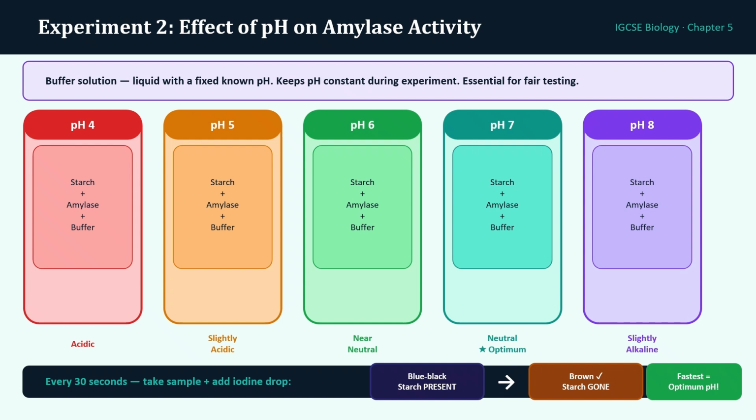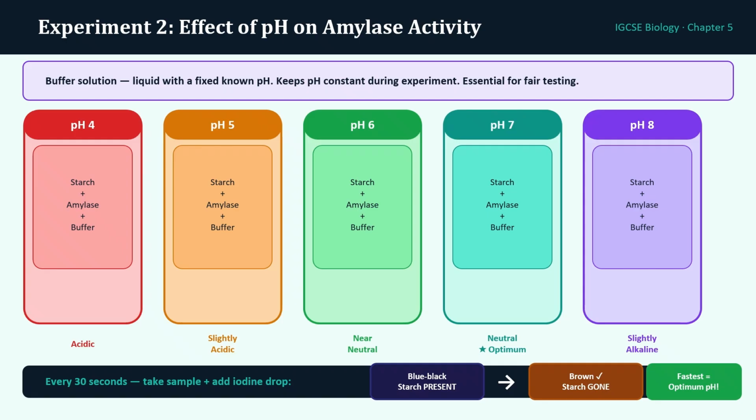Now, every 30 seconds, take a small sample from each tube and add a drop of iodine solution to it. If starch is still present, the iodine turns blue-black. When the starch is completely broken down, the iodine stays brown.